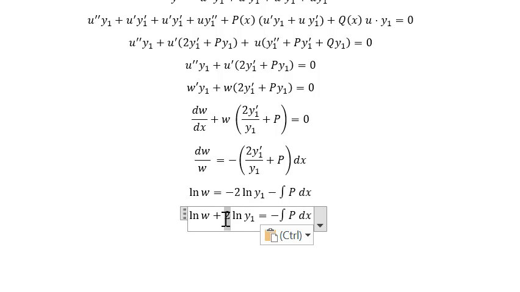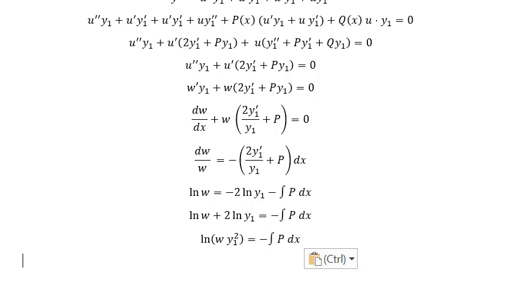And then now if I bring this 2 as a power of y1, I have ln of w plus ln of y1 squared, and I can combine that into one ln. So just a few log properties will get us going with our next step.